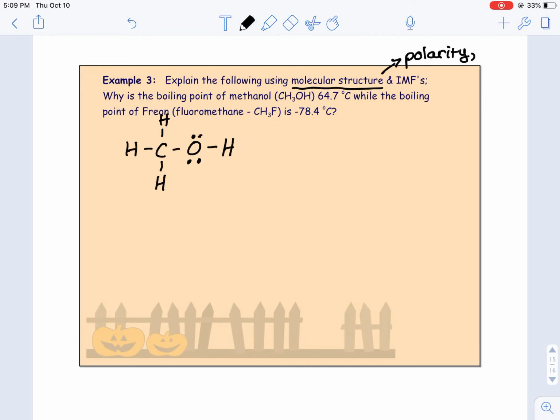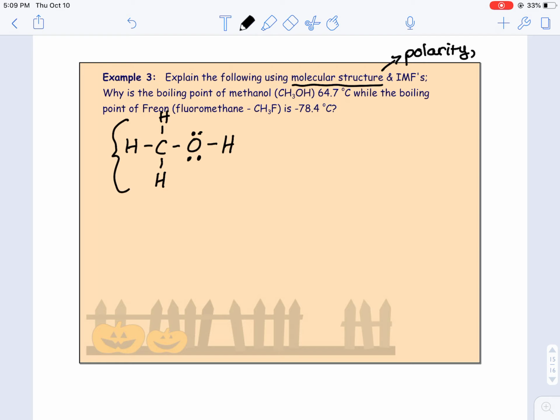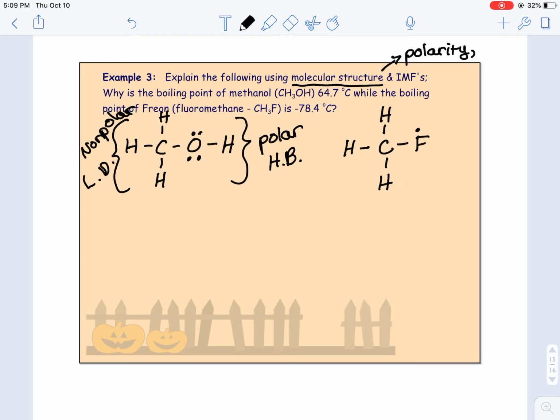Okay. So in a methanol molecule, you do have one side that's nonpolar, so that would have London dispersion forces, and one side that is polar with an OH bond, so that would have hydrogen bonding forces. Fluoromethane looks like this. Again, it mainly has one side that's nonpolar.